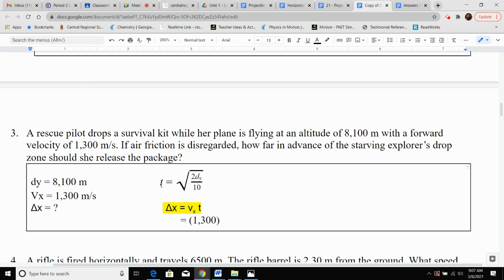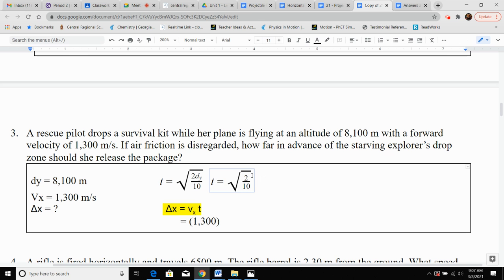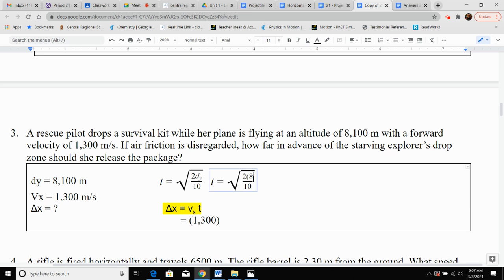Highlight this, Control C. Okay, so then I'm just going to go into, once I Control V this, paste it, I get my numbers here. So it's 8,100 times 2 divided by 10, which would be the square root of 1,620.